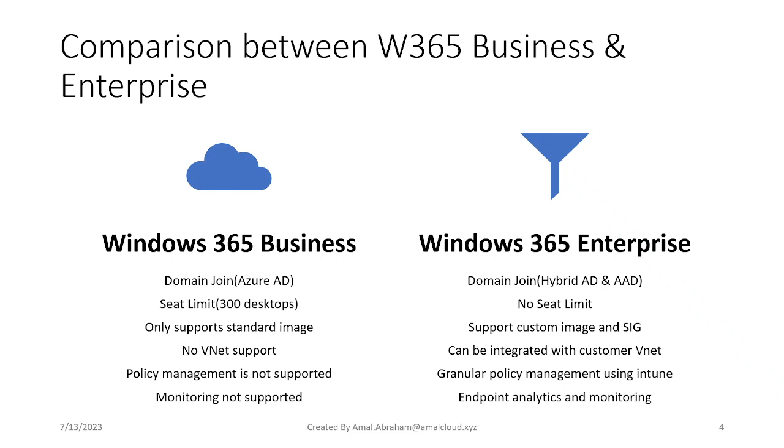Windows 365 Business is like you are giving everything to Microsoft. You cannot use custom images. You can only use the standard image provided by the Microsoft Gallery. You cannot configure Intune policies in Windows 365 Business. However, in Enterprise, you can do granular policy management using Intune.